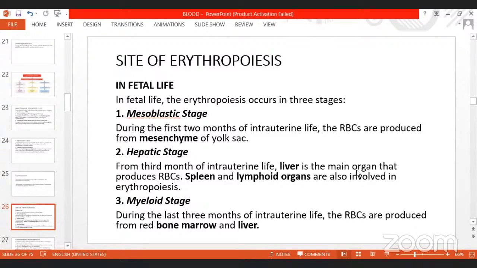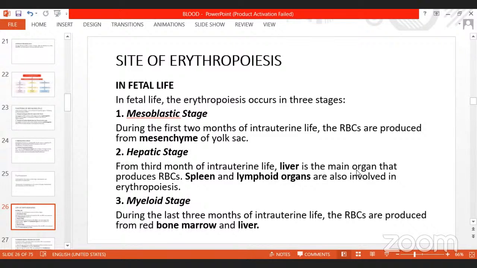The next period, from the 3rd month of intrauterine life, is known as the hepatic stage because the liver is the major organ that produces RBC. So liver, spleen, and lymphoid organs enter into RBC production from the 3rd month onwards.